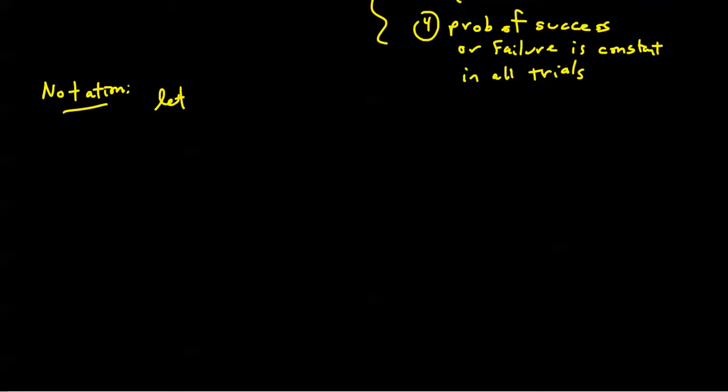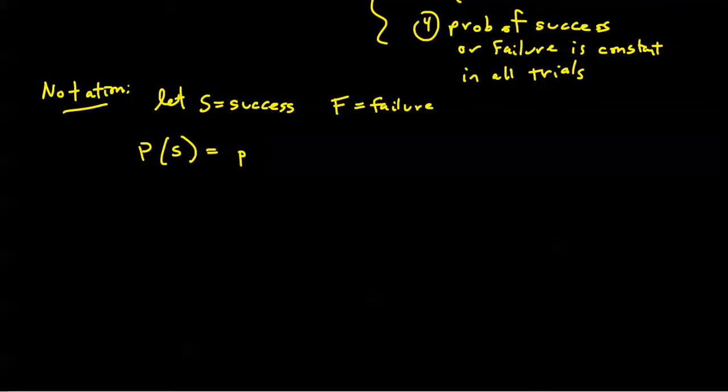I'm going to let S equal the event of success, and capital F equals the event of a failure. The probability of success in any one trial we will label lowercase p. The probability of failure in any one trial is lowercase q.